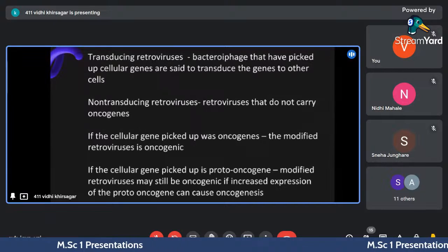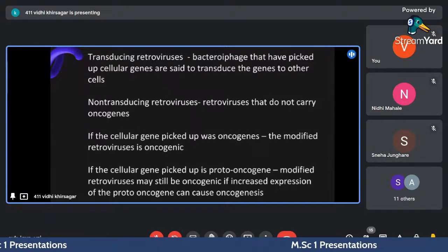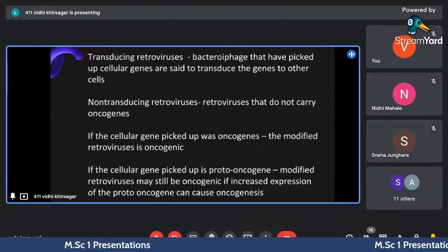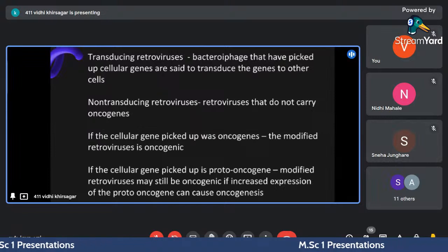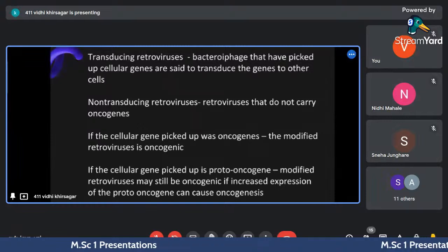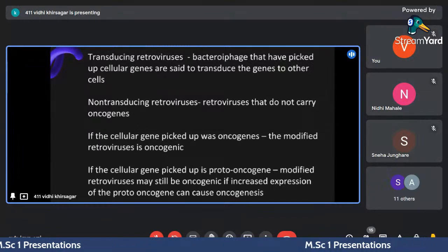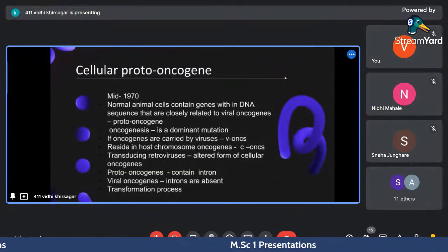Non-transducing retroviruses do not carry an oncogene. If the cellular gene picked up was an oncogene, the modified retrovirus is oncogenic. If the cellular gene picked up was a proto-oncogene, the modified retrovirus may still be oncogenic if increased expression of the proto-oncogene can cause oncogenesis.